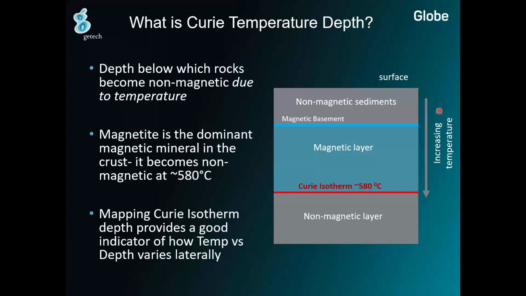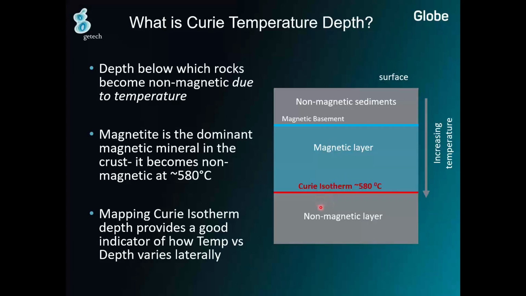So we think of our simple model here. Here's the surface, and we've got temperature increasing with depth. At the top, we may have sediments, and sediments are not entirely non-magnetic, but in a relative sense, we can often consider them as non-magnetic. Then when we get to the magnetic basement, we encounter this magnetic layer, and the magnetic layer will continue until we get to the Curie isotherm.